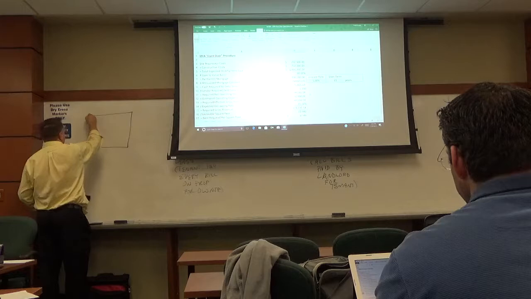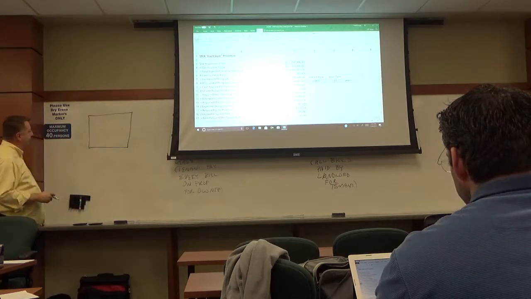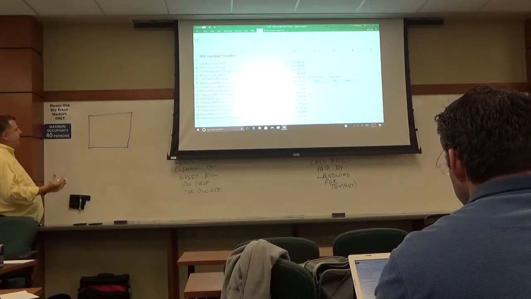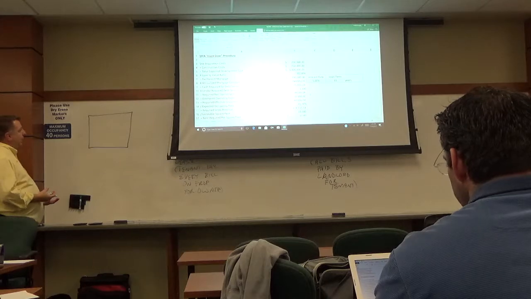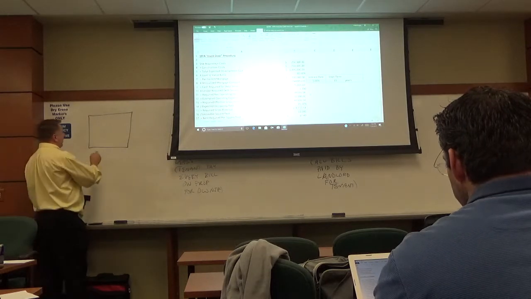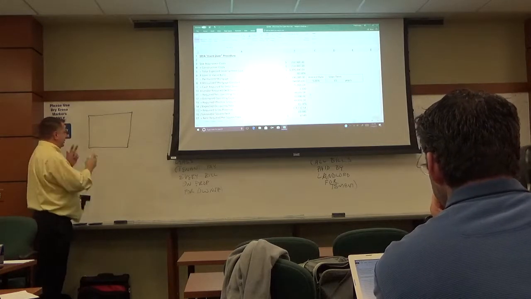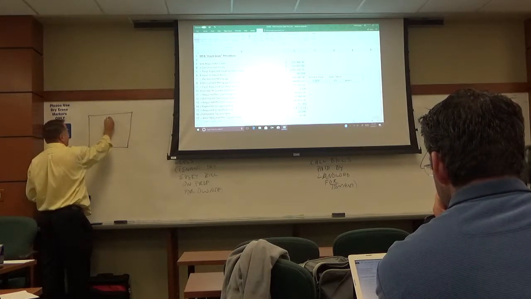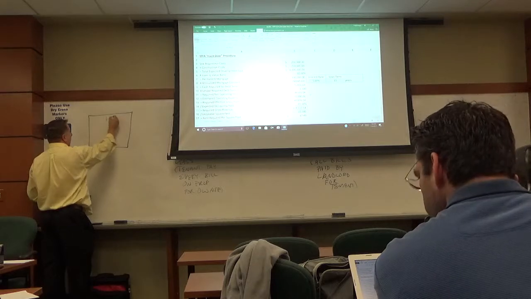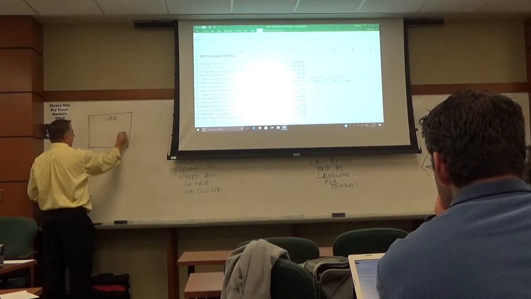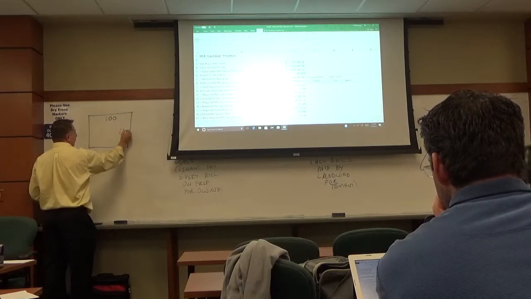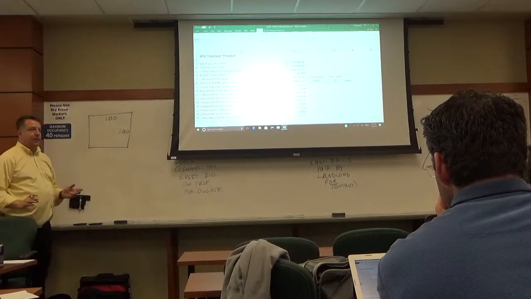So let's just say that we've got a building and the interior space of this building, from inside wall to inside wall with no partitions whatsoever, is 100 feet by 100 feet. Does that make sense, everybody?